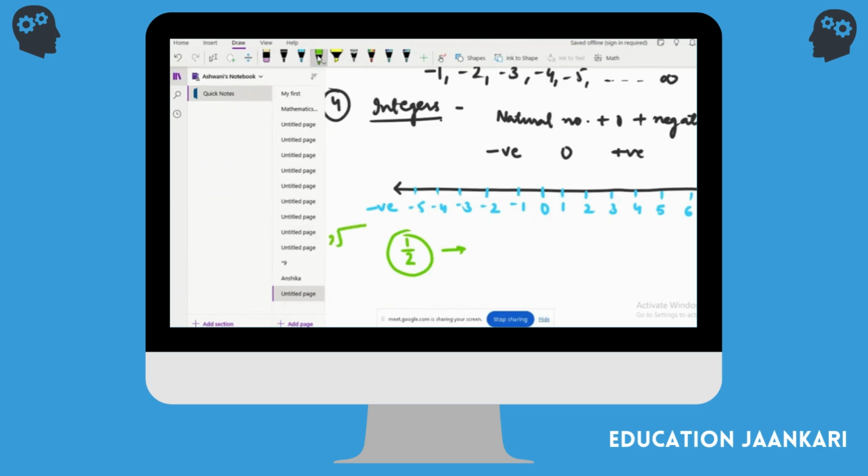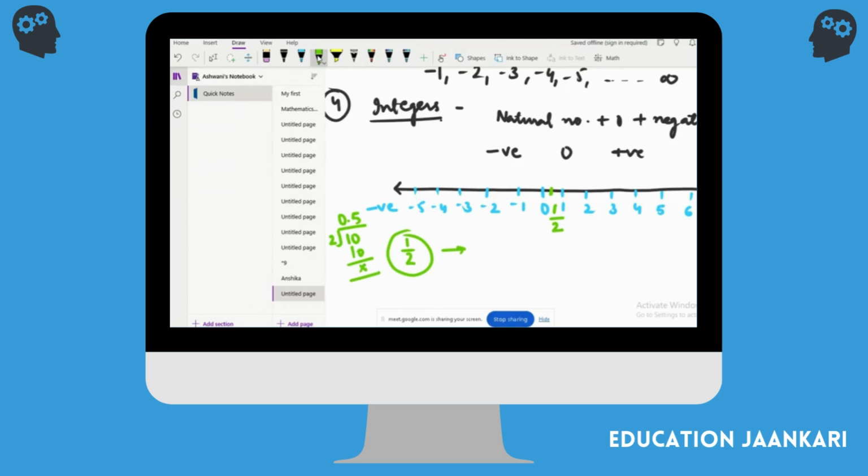Okay, this is 2, this is 1. 2 cannot be divided by 1, so I'll put 0 point. 2 fives are 10, so 0.5. It will be between 0 and 1, not between 1 and 2, right?